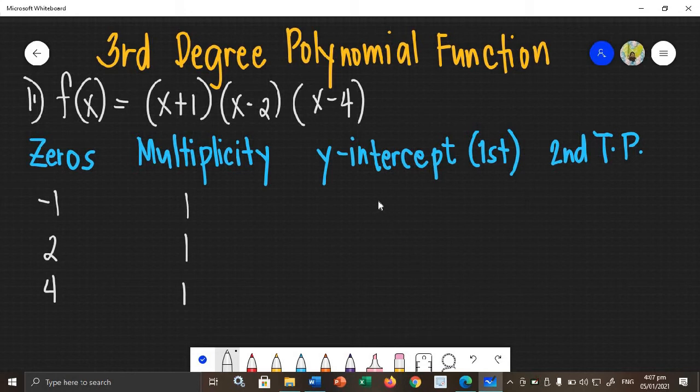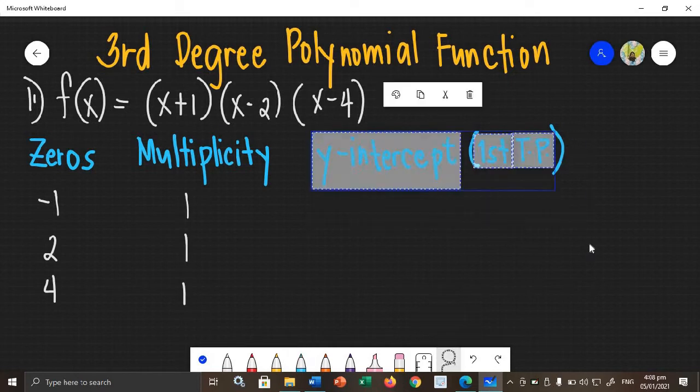And then, the next thing that we will be looking for is the Y-intercept, which will be the first turning point of your graph. Sulat natin siya. First, TP na lang ilalagay ko, no? Turning point of the graph. And then, you will be also looking for the second turning point of your graph.